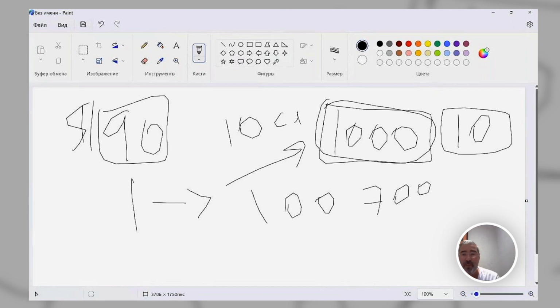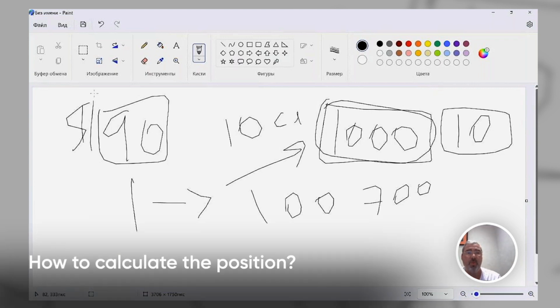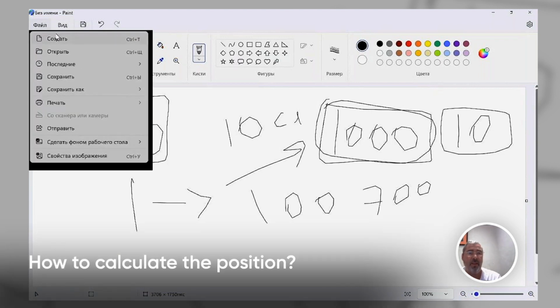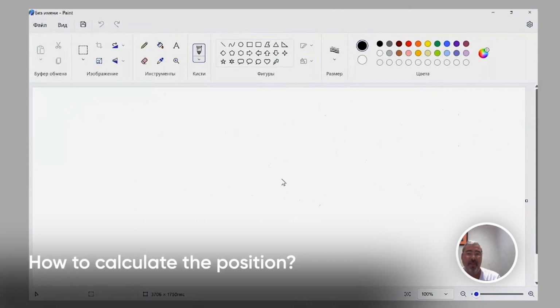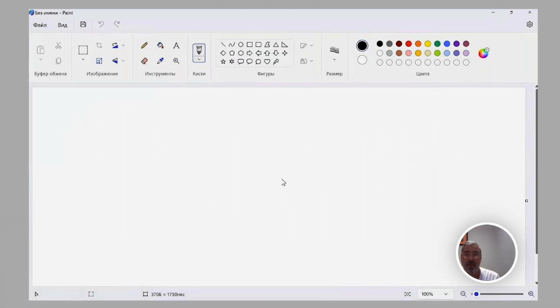So the very important thing that you need to understand is you need to calculate the right position. And that's what we're going to talk about right now, how to calculate the right position. Honestly, it's very, very simple. There are two things you need to know for sure before you calculate the position.